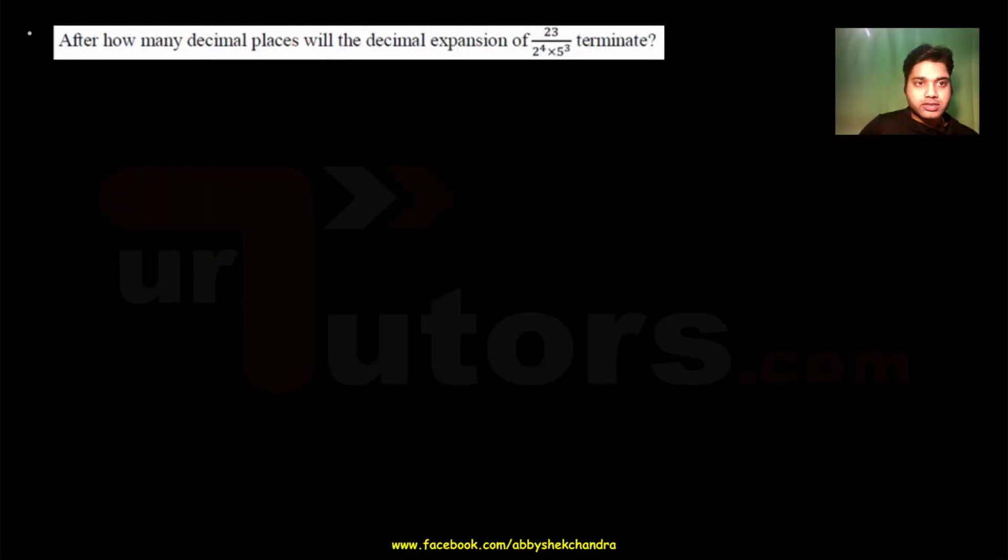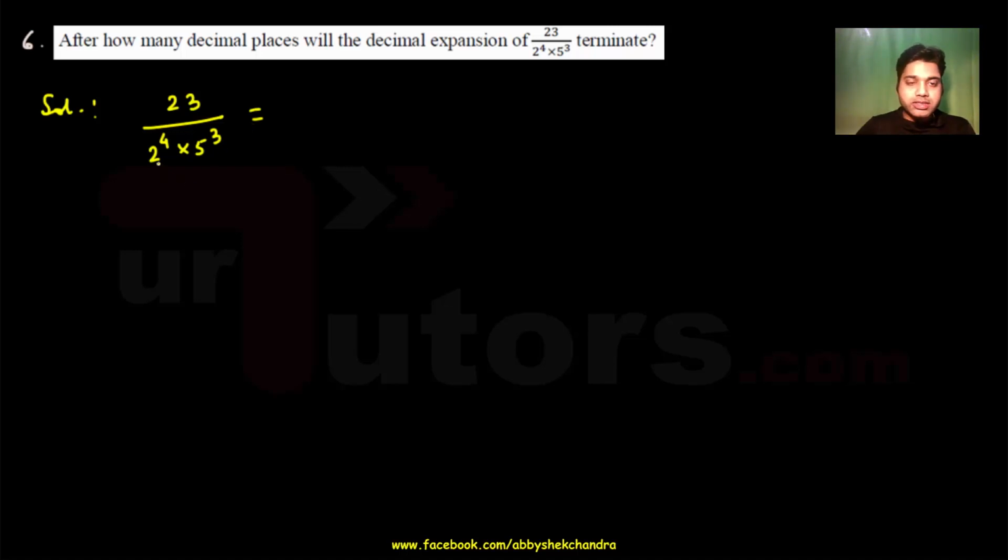Okay, question 6. After how many decimal places will the decimal expansion of 23 divided by 2 to the power 4 into 5 to the power 3 terminate? So we have 23 by 2 to the power 4 into 5 cube.